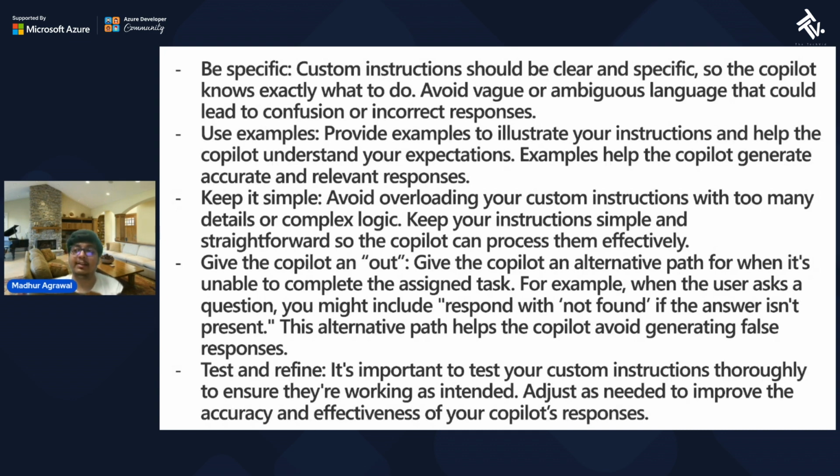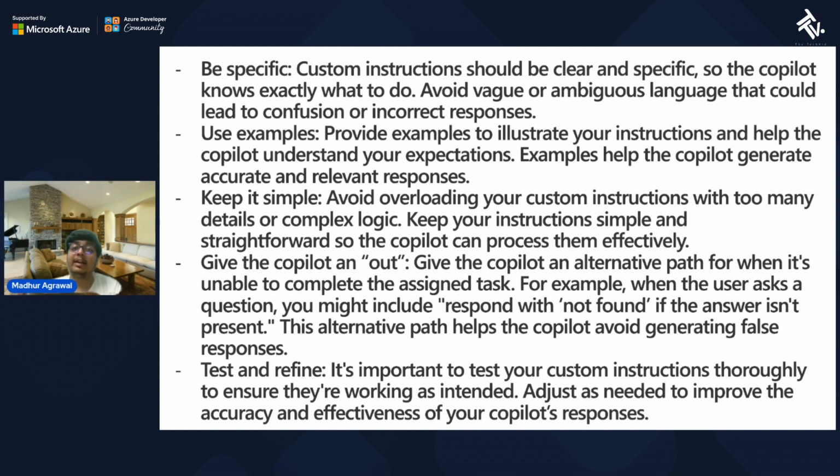It would hallucinate and say that the order is being prepared, although the restaurant hasn't even accepted the order. So you should include that it can say, "I cannot give an answer to that." You can allow your copilot that. It helps avoid generating false responses, which helps the overall uplifting of the customer experience.